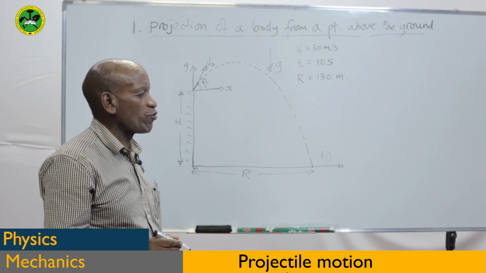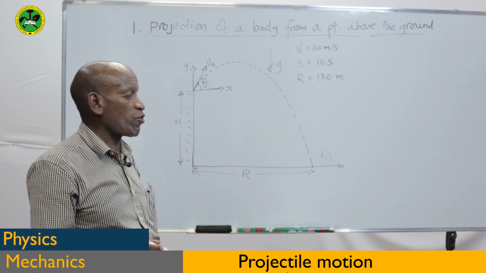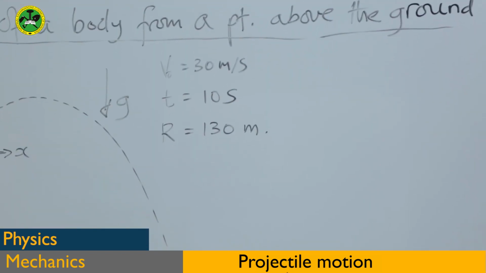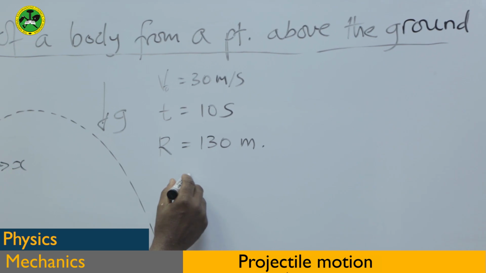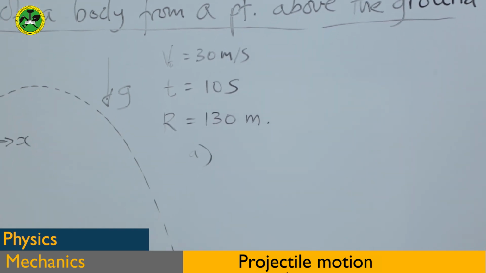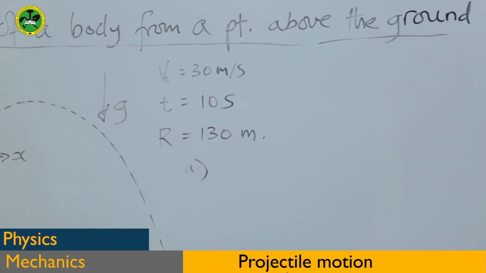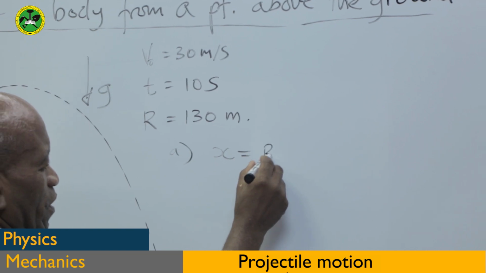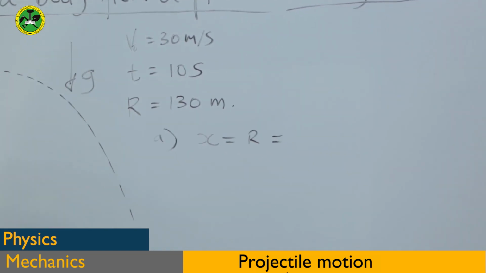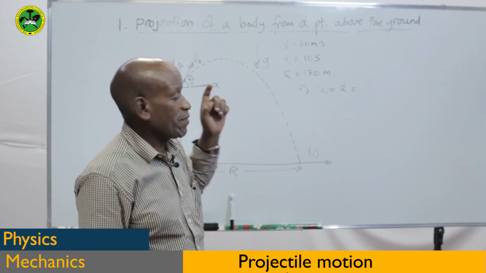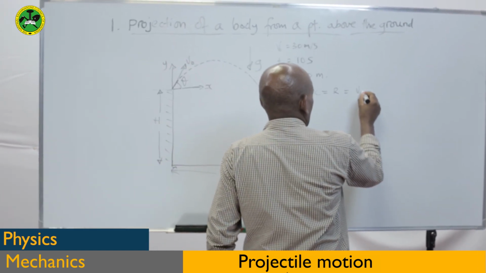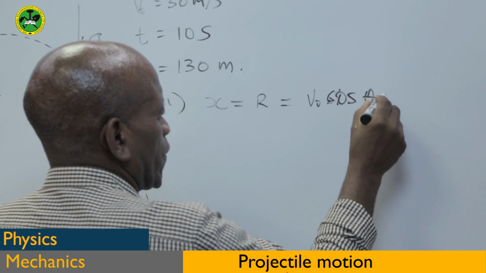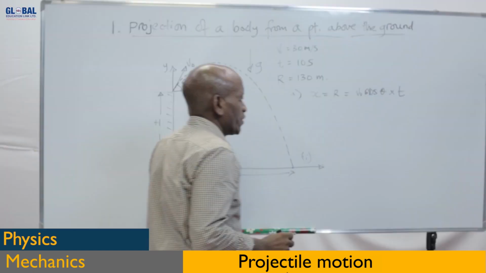So we needed to find the angle of inclination to the horizontal at which the ball was kicked. We are looking at this particular angle theta. So for part A, to determine the angle of inclination, we use the range, or the x, which is solved by taking the horizontal component of velocity, v naught cos theta, times the time of flight t.